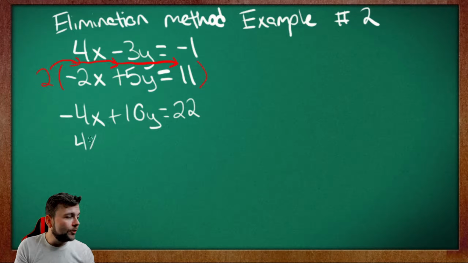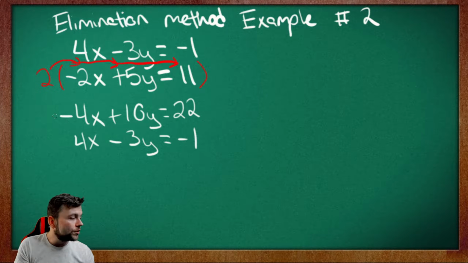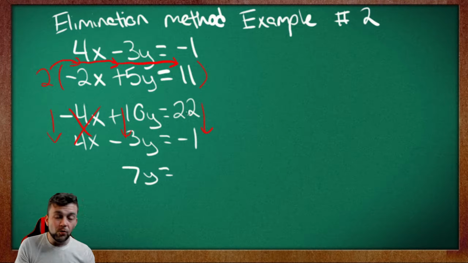Rewrite our other problem. And we add everything down. Squish everything down, guys and gals. This cancels out. What is 10y minus 3y? 10y minus 3y is 7y. That equals 22 minus 1 is 21.